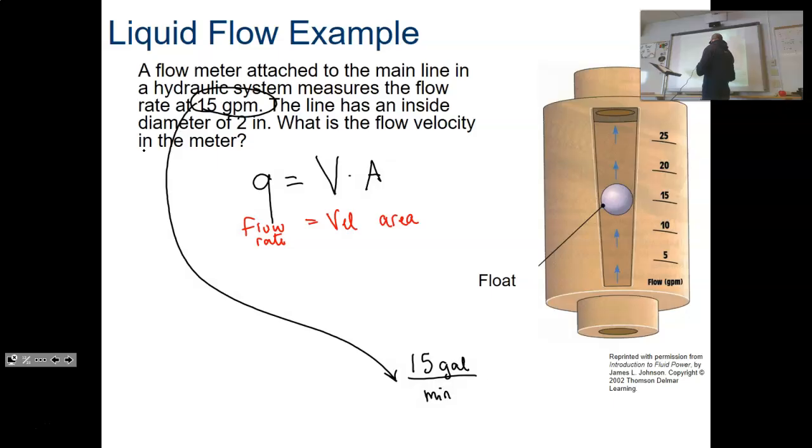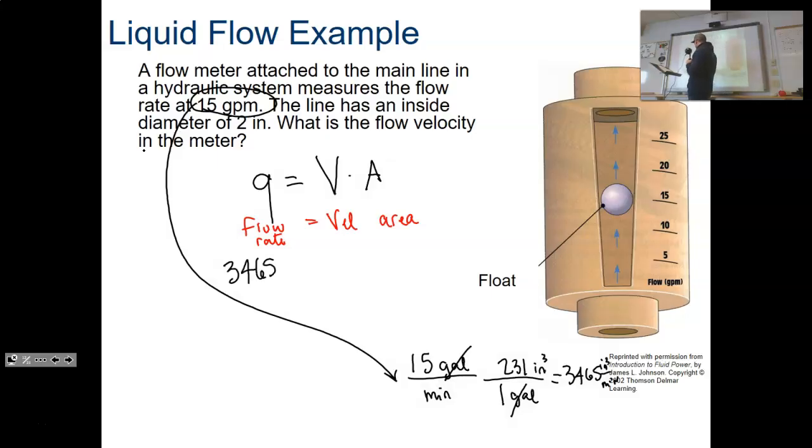Do you remember before how I told you that 1 gallon was 231 cubic inches? So if I multiply 15 by 231, I end up getting 3,465. And that's in cubic inches per minute. So my flow rate is 3,465 cubic inches every minute.